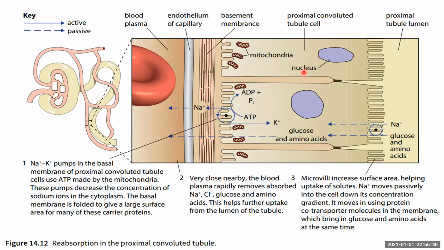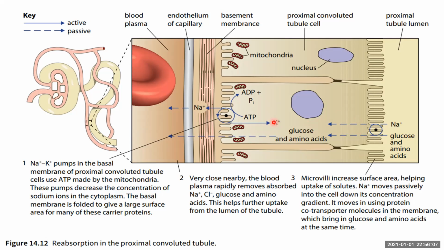Then you can also see these adjacent cells, like this is one cell, this is another cell. These adjacent cells are joined, right? So they're held together. Everything will pass through the cell. Nothing will pass between the cells. So we'll compare it with the cells of the Bowman's capsule as well, right? This is the difference that's visible.